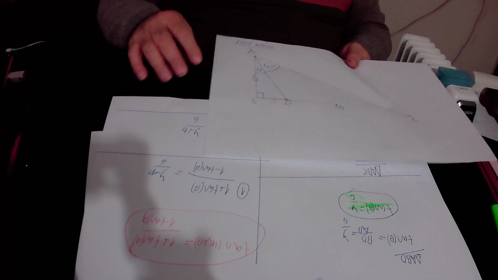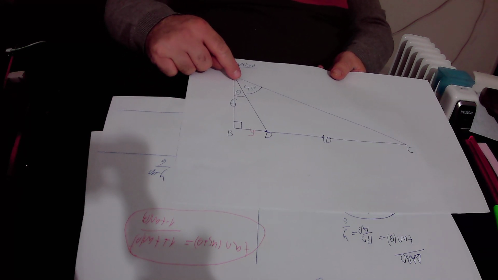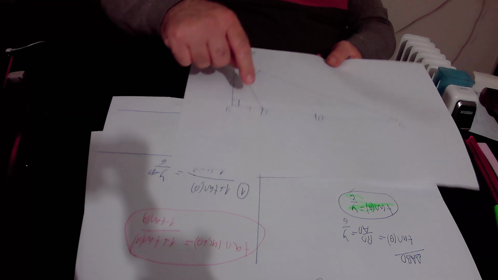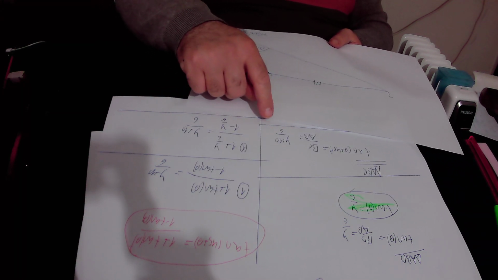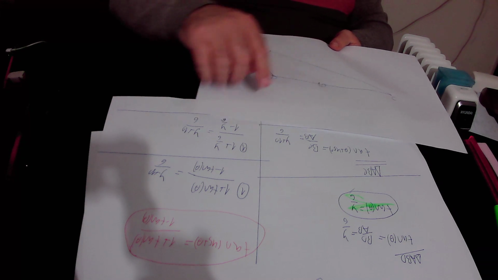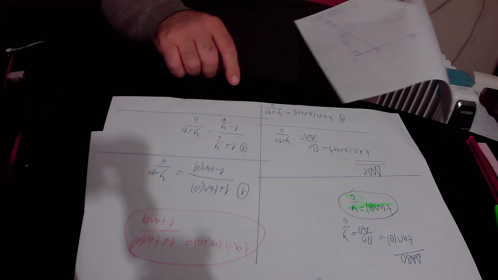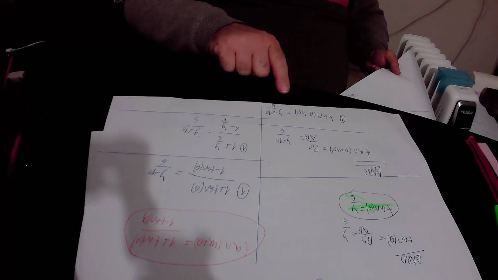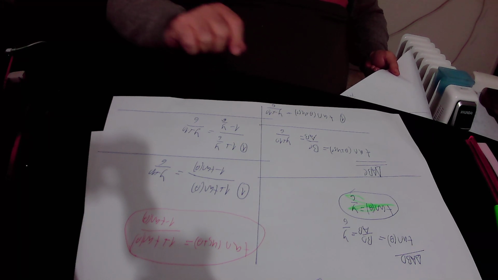And in triangle ABC, tan of theta plus 45 degrees equals BC over AB. That is to say, BC is y plus 10 and AB is 6. So tan of theta plus 45 degrees equals y plus 10 over 6.